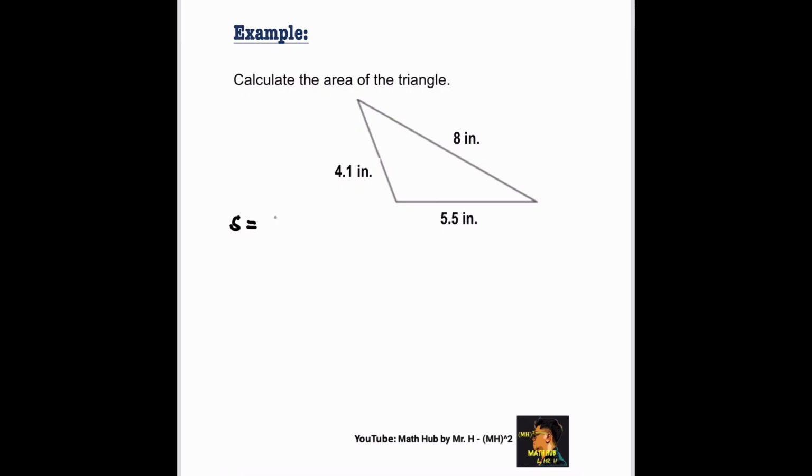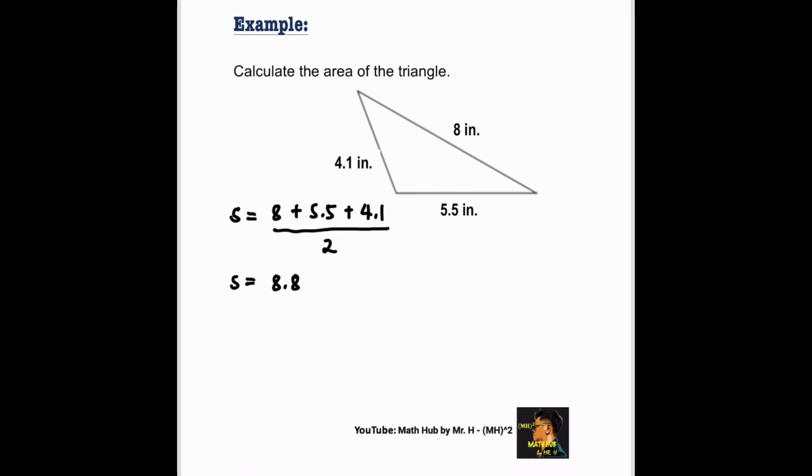So we'll have 8 plus 5.5 plus 4.1 divided by 2. The value of the semi-perimeter, or S, will be 8.8. After calculating the semi-perimeter, we're ready to calculate the area of the triangle using Heron's formula.